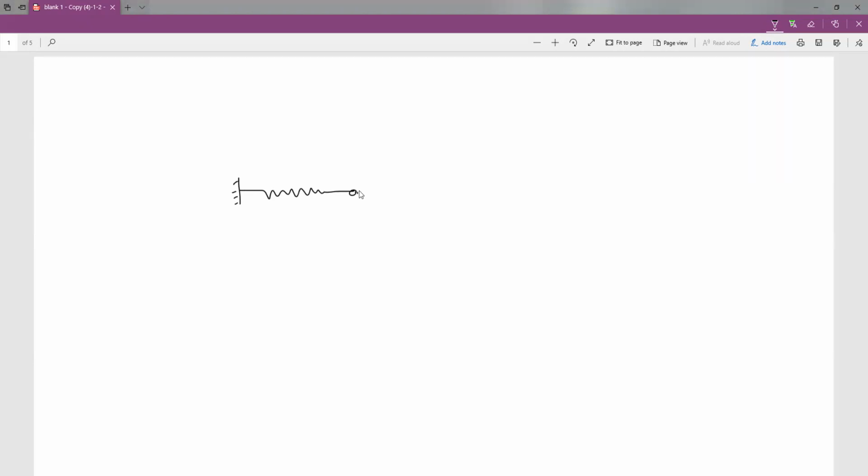Of course, as I told you, the nodes, the joints of the spring, are to be numbered. In this case, I'm numbering the joints of the spring with random numbers. So that is 1, 3, 4 and 2.